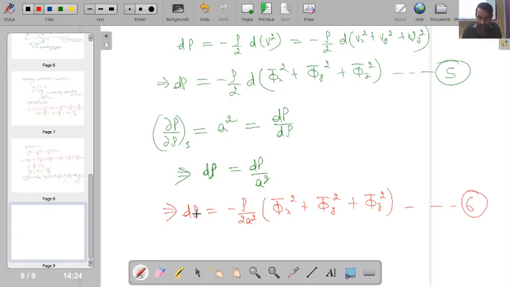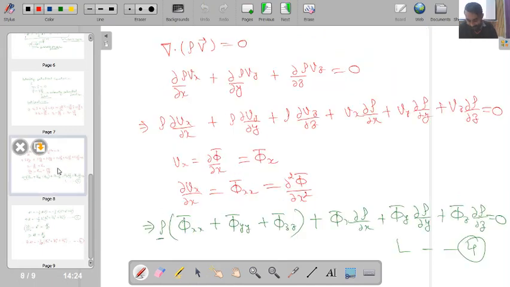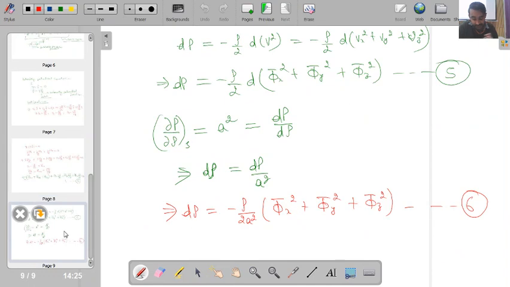So I have calculated the value of d rho over here. But what I want to calculate is del rho by del x, del rho by del y and del rho by del z. These are the quantities which I need to calculate. So how can I calculate these quantities? What can I write for d rho?